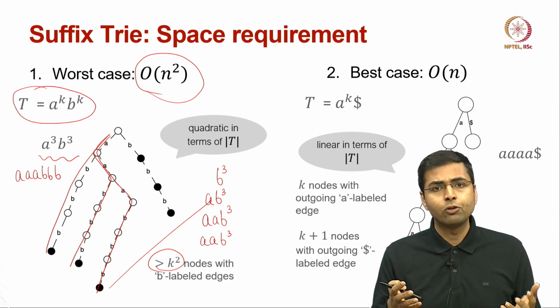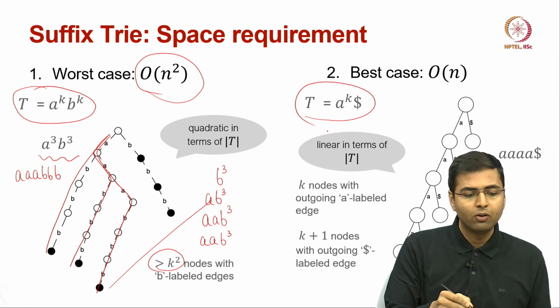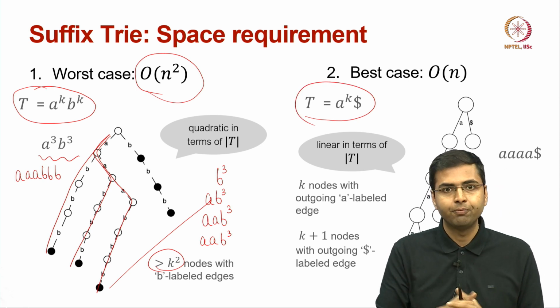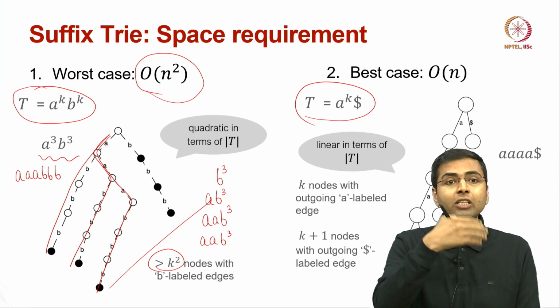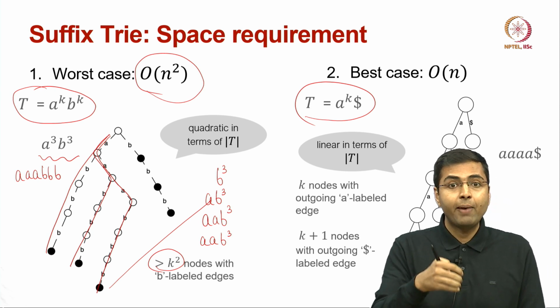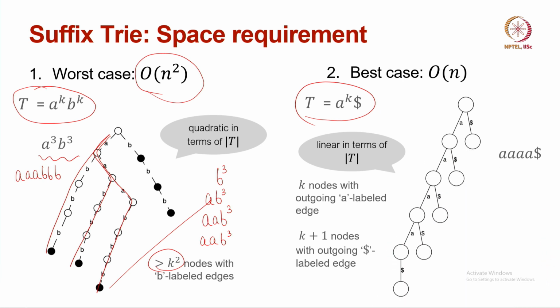Now there can be good scenarios also. For example, on the right side you see a best case scenario where my example is a few consecutive A characters followed by a dollar symbol. In this case you can see that as I am augmenting a new suffix, I am able to use many edges from the previous suffix already. So suppose when I am adding the last suffix, I am able to use many edges from the previous construction, and all I need to add is one more A character and a dollar symbol.